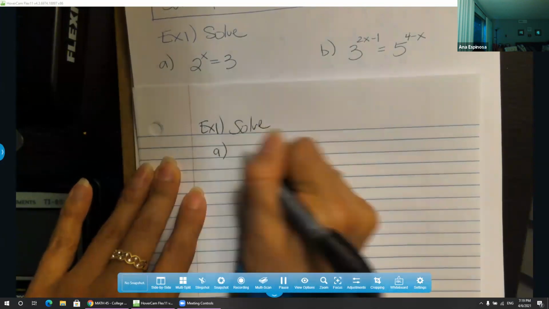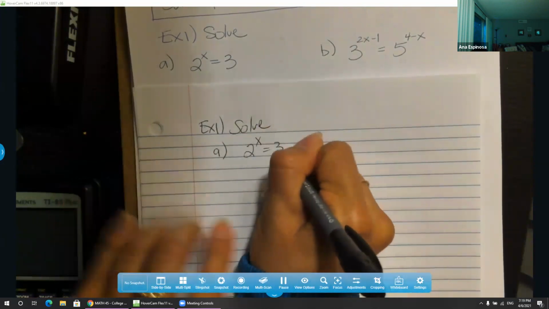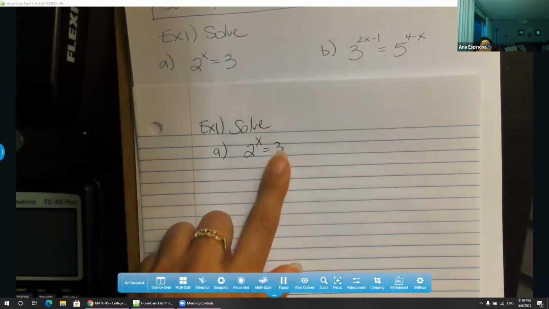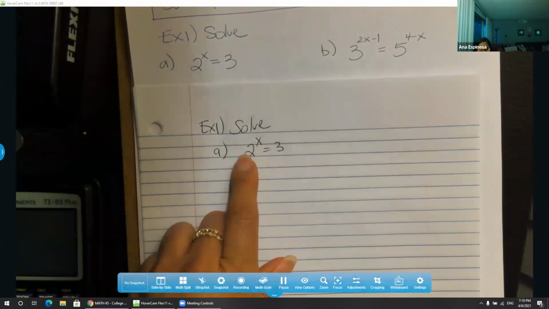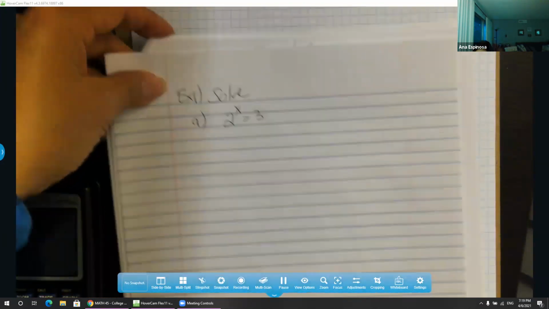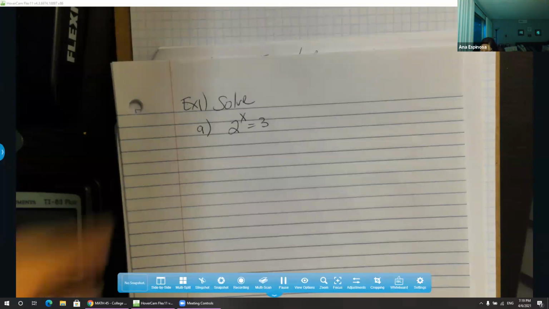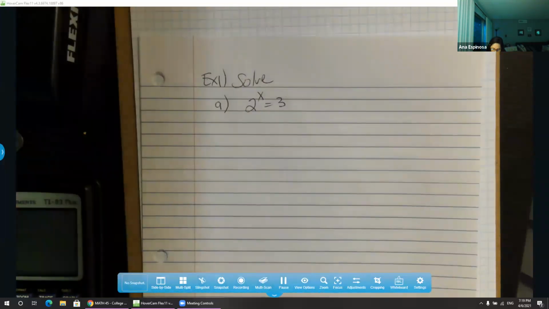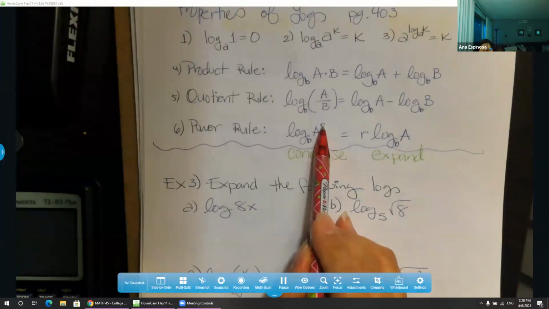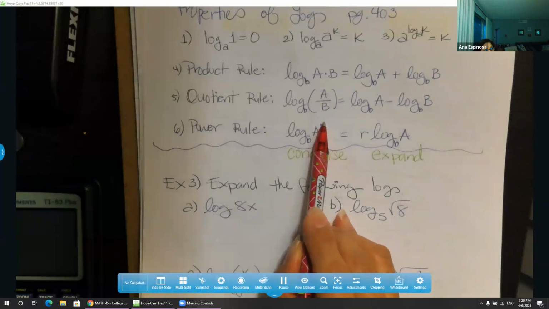If you look at the first one, 2 to the x equals 3. I cannot make 2 into a base of 3, and I cannot make 3 into a base of 2. So what you do is use the properties of logs. I need something here to be able to bring it down, because I'm solving for this.